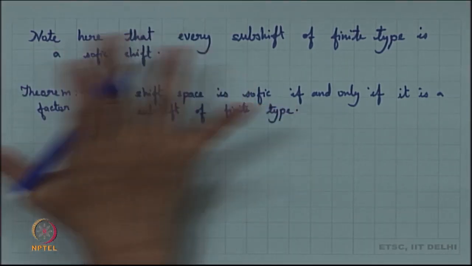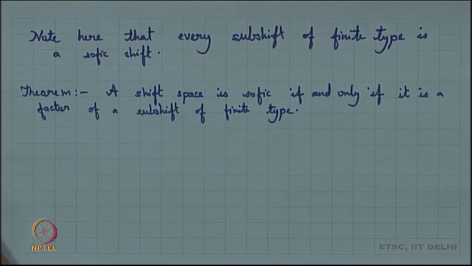We try to look into the proof of this fact. You start with a shift space which is Sofic, that means it is a shift space defined by a labeled graph. But where is this labeled graph coming from? It is coming from the graph where you are labeling the edges. So, it is being generated by the one block code, your label map, and that one block code is generating a factor between the subshift of finite type and the Sofic shift.